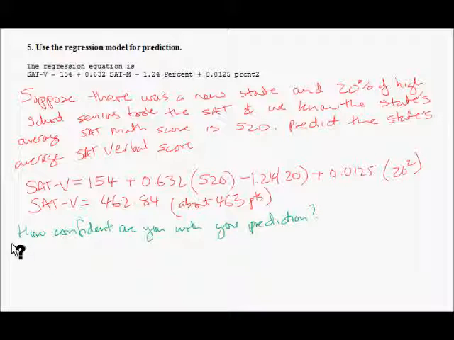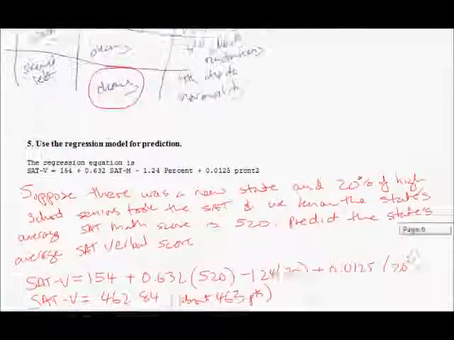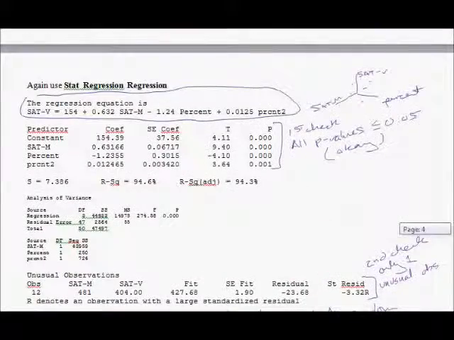One thing is R squared, right? R squared gives us how well the data fit the model. So if we go back up, what was R squared? R squared here was 94.6%, which is very high, right? So that's good. So it means the data is very close to the model.